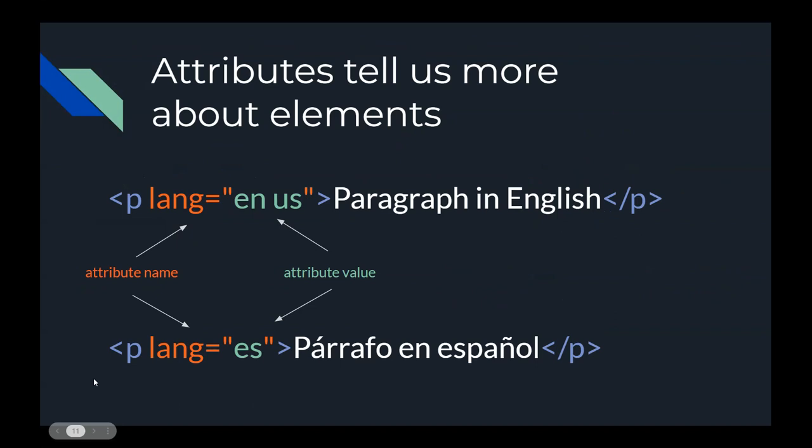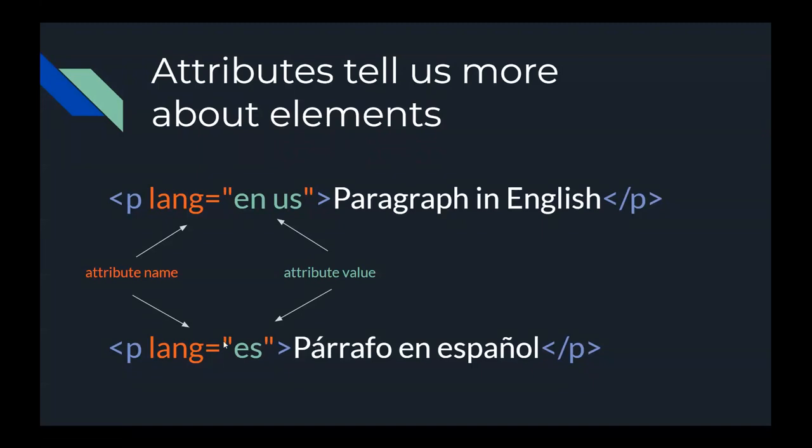Another important part of elements is that sometimes they have these things called attributes, and attributes give us more information about the elements. So in this case, we're specifying, hey, this paragraph, we want the language attribute to be set to English or US English specifically. And here we have paragraph in English versus like we want to set a paragraph in Spanish, right?